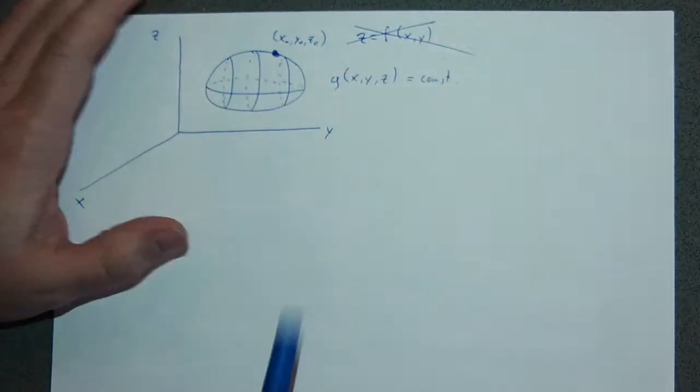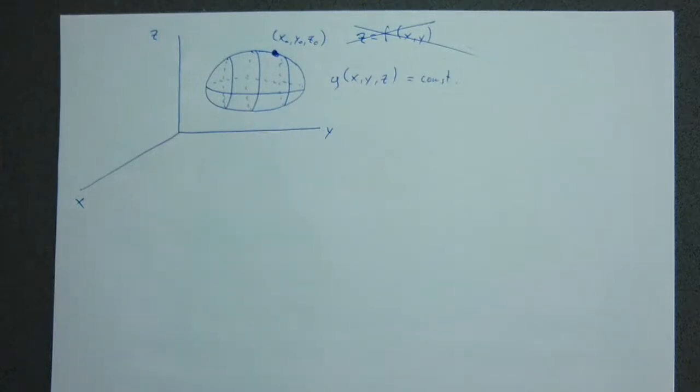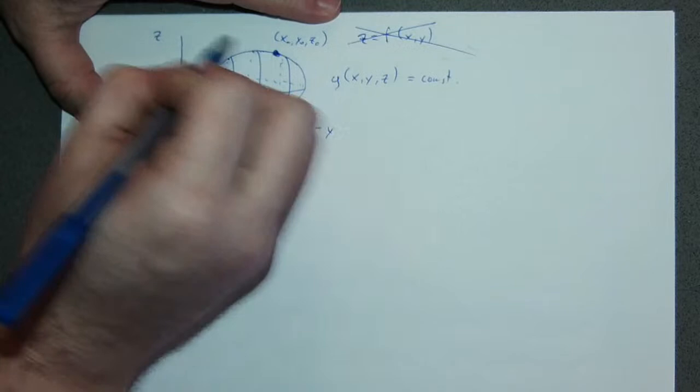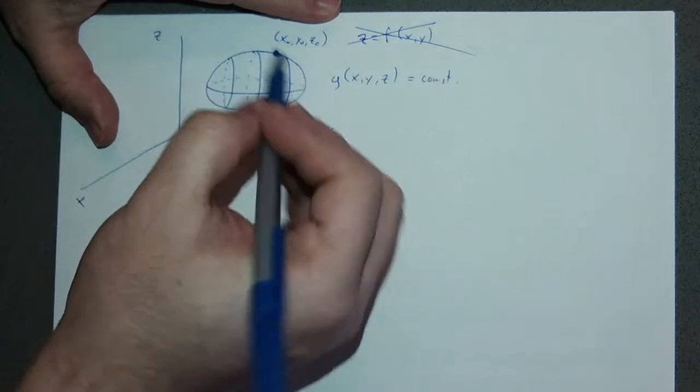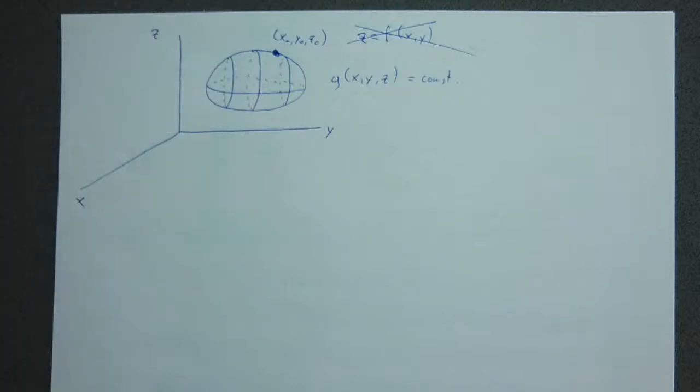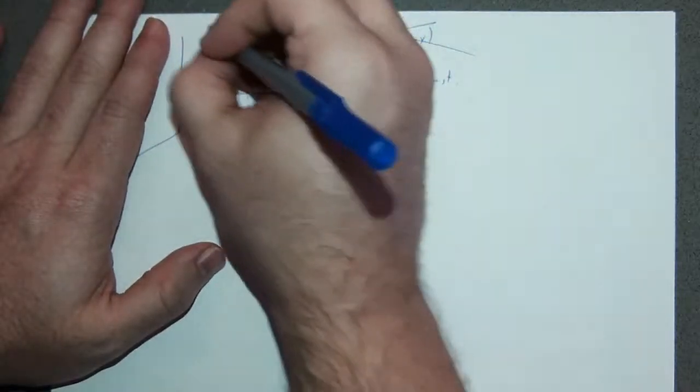At this point that is on this level surface, I want to talk about the tangent object. Well, as I mentioned, I could draw in a line here. But I couldn't just draw in one line. I could actually draw in infinitely many lines here that are tangent to this ellipsoid at that point. So talking about tangent lines isn't going to do us much good. Instead, what is important is a tangent plane.